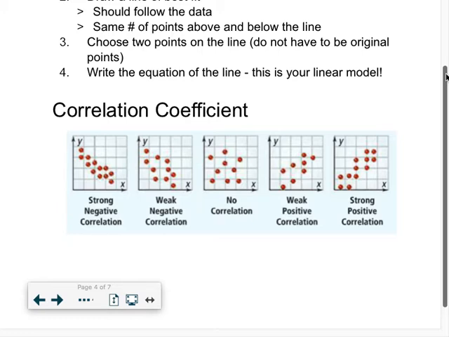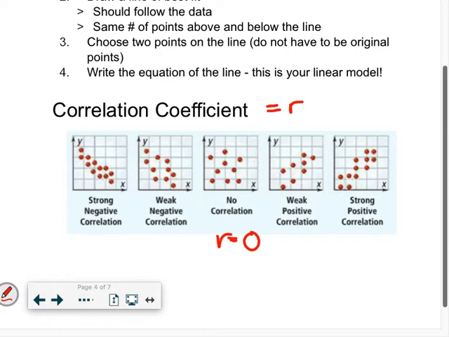Your correlation coefficient is the letter R. When there's no correlation, R is equal to 0. There's 0 correlation. No good. When you have positive correlation, your R value is positive, and I almost think about R like a percent, like what percent of my data is on or close to my line.